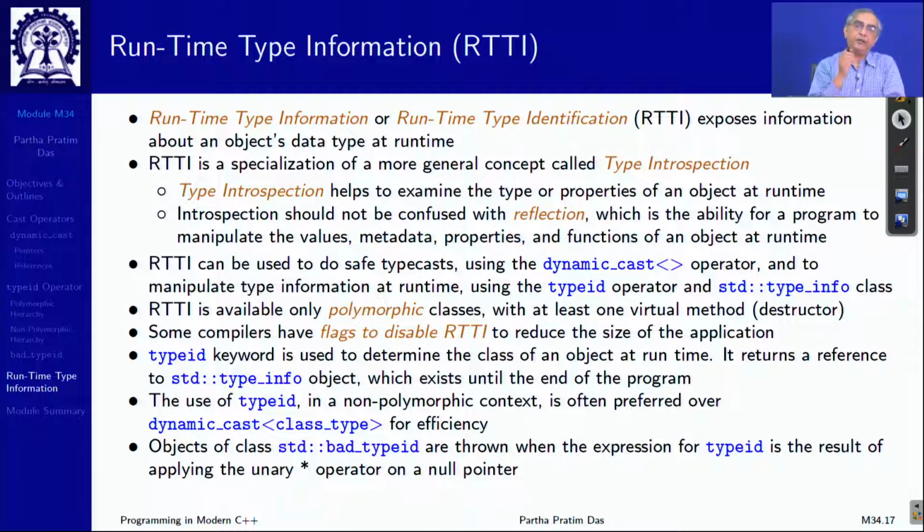In a polymorphic hierarchy, where is that type information coming from? It is very simple. We have learnt about the implementation of virtual functions. What does a virtual function need? It needs that the class has a unique virtual function table, and every instance of the class has a pointer to that class specific virtual function table.